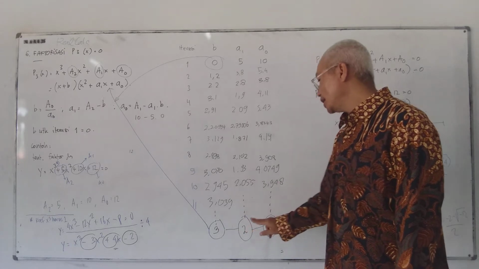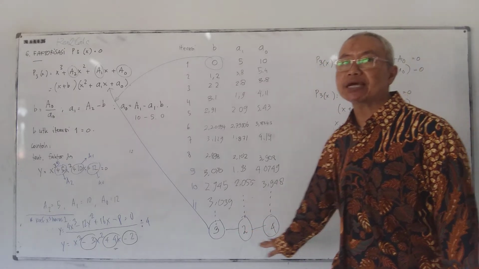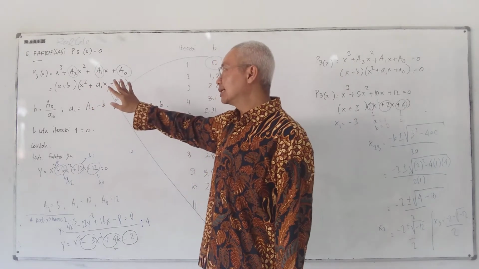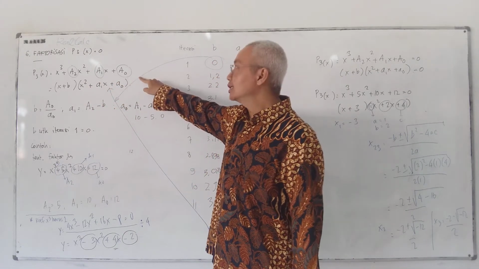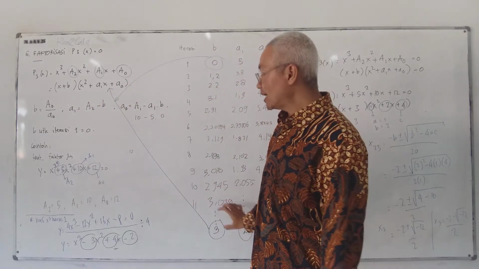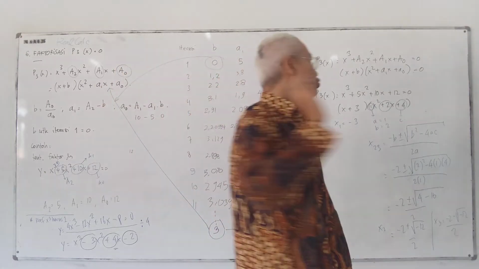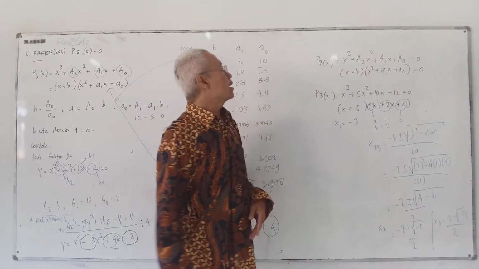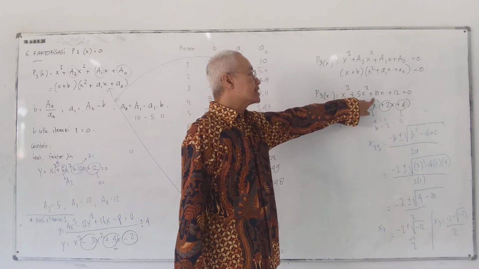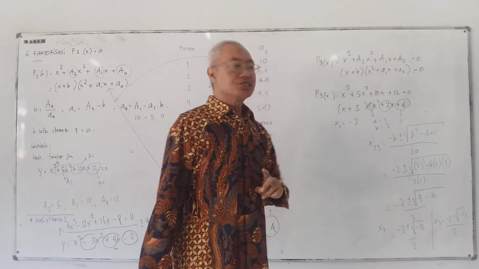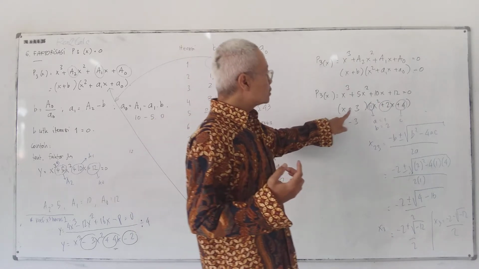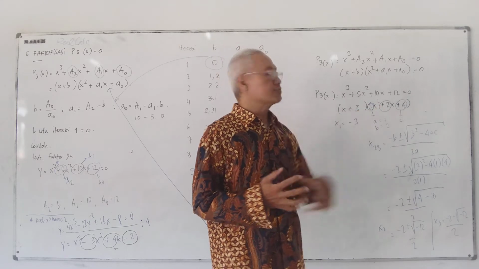So after we know from the iteration the values of b, a1 and a0, we get back to the equation. So we can see that the power 3 equation can be factorized into this equation. We just put the values in this equation. So x power 3 plus 5x squared plus 10x plus 12 equals 0 will be factorized into x plus 3 and then x squared plus 2x plus 4.